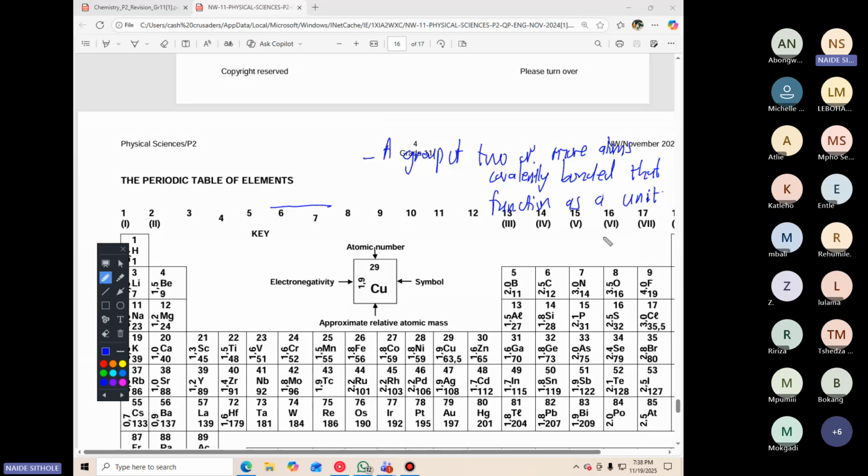VI means 6, everything here has 6 valence electrons. Everything in here has 5 valence electrons. Everything in here has 4 valence electrons. Everything here has 3 valence electrons. Everything here has 7 valence electrons, right?